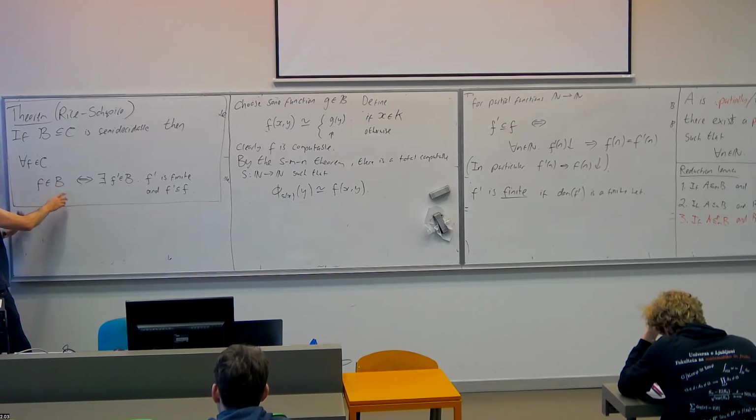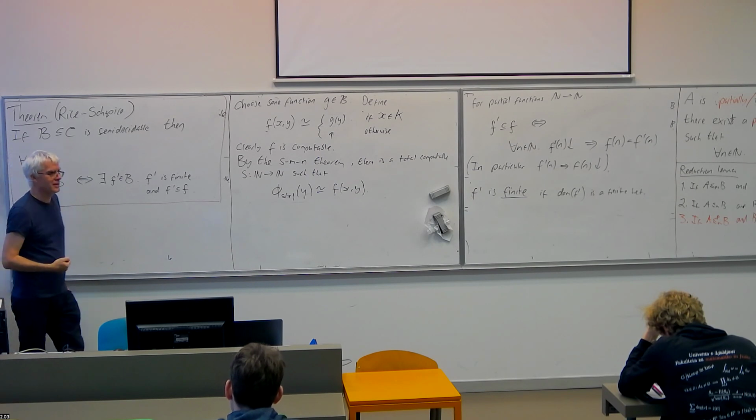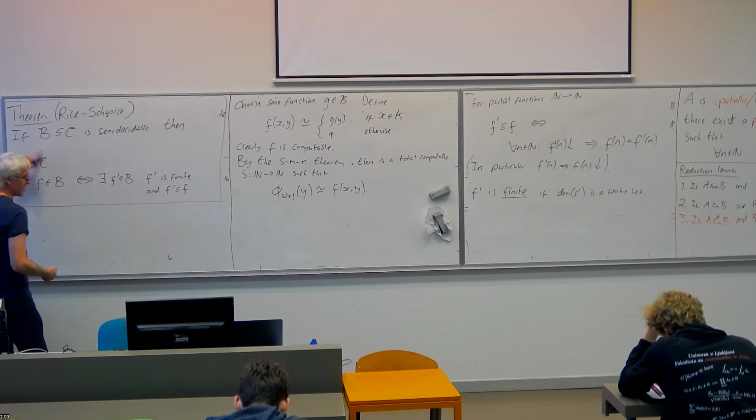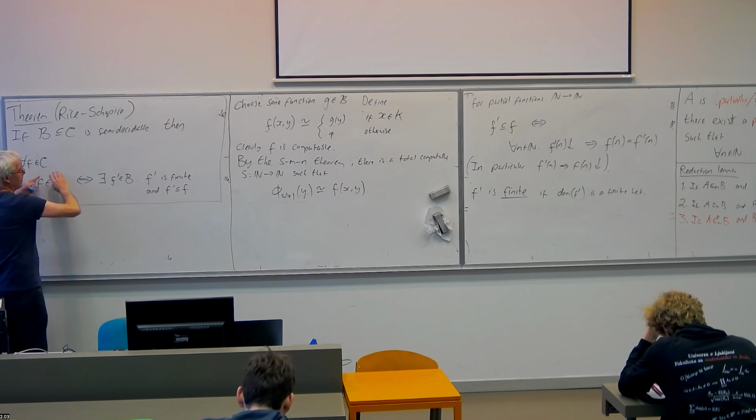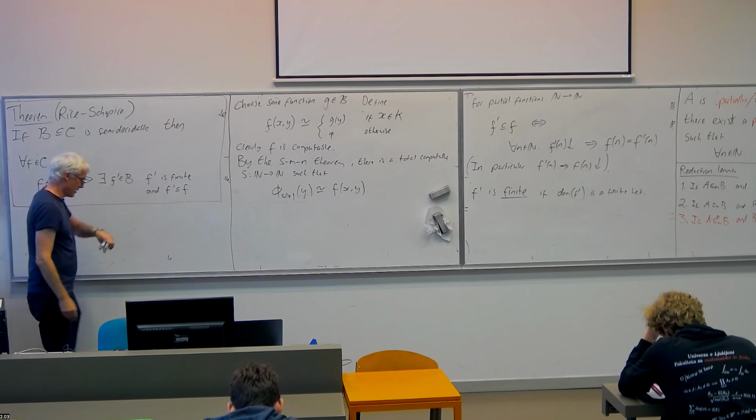That is true in a suitably constructed universe where something called the formal Church's thesis is valid, and in that case, this is an if and only if. But in general, there are very non-computable sets of functions that satisfy this condition.